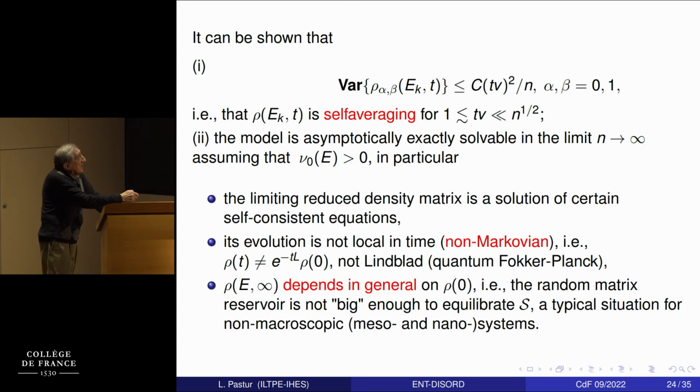And you find the following: the limit of the reduced density matrix solves certain self-consistent equations, a bit similar to the Curie-Weiss ones. Now, you can follow the dynamics, and you see the dynamics is not Markovian.